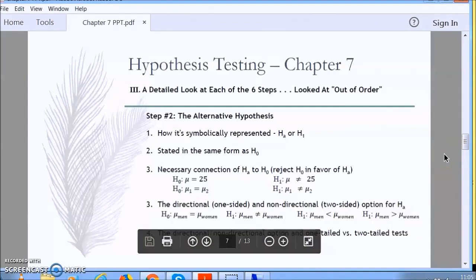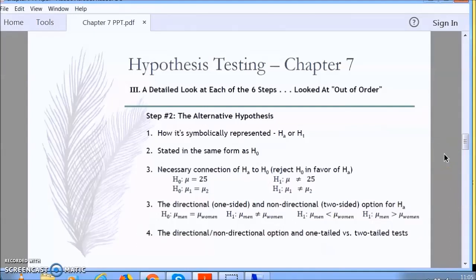The non-directional one would be saying that the mean of men is not equal to the mu of women. So you don't know whether the mean of men is more or the mean of women is more. That is called a non-directional hypothesis.